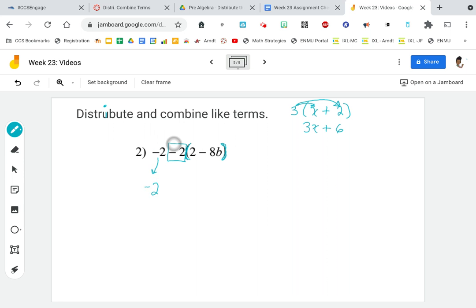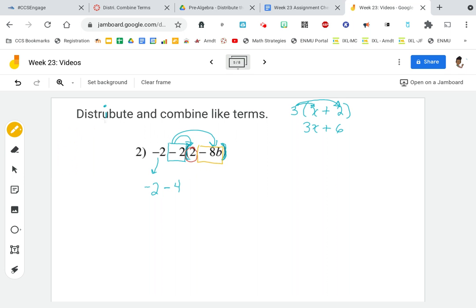Now, I'm going to give out that negative 2 to this positive 2. Negative 2 times positive 2 is negative 4. And then I have to pass out this negative 2 to that's a negative 8b.